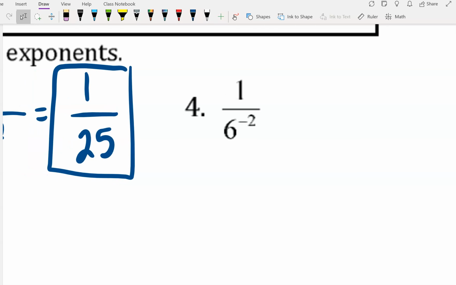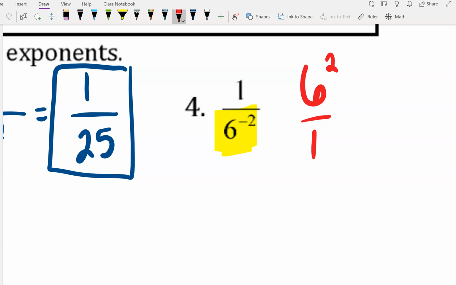All right, so this next one, we have 6 to the negative 2 on the bottom. There's nothing really to reduce, except I am not allowed to have a negative exponent, so I need to get rid of that negative. To do that, I need to flip this. It was on the bottom of the fraction, the negative exponent, so I'm going to flip it so that it's now on the top of a fraction, and it became positive.